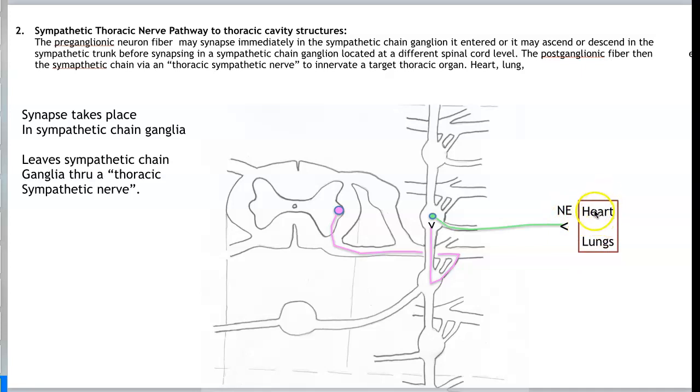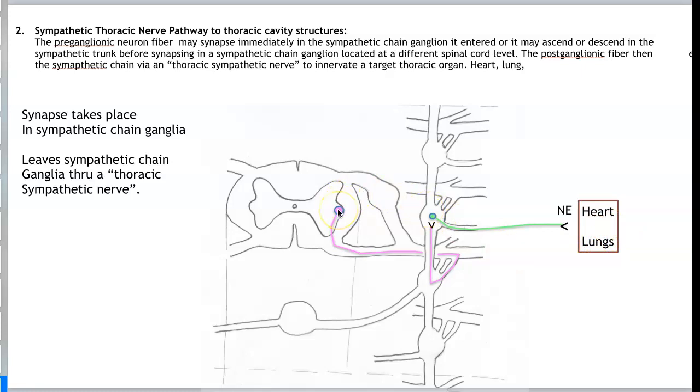It's going to increase the heart rate and the strength of contractions. On the lungs, it's going to dry up secretions and bronchodilate, open up the air tubes. It's going to work on the smooth muscle of the air tubes. It's going to relax them. They're going to dilate up, let in more air.